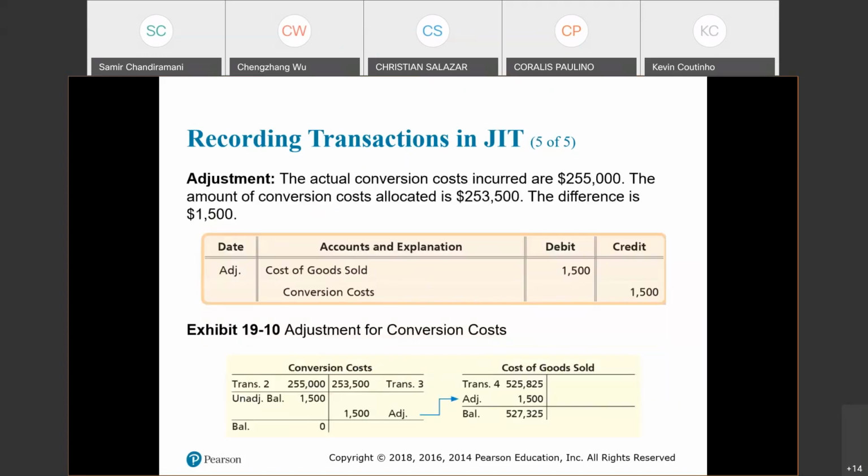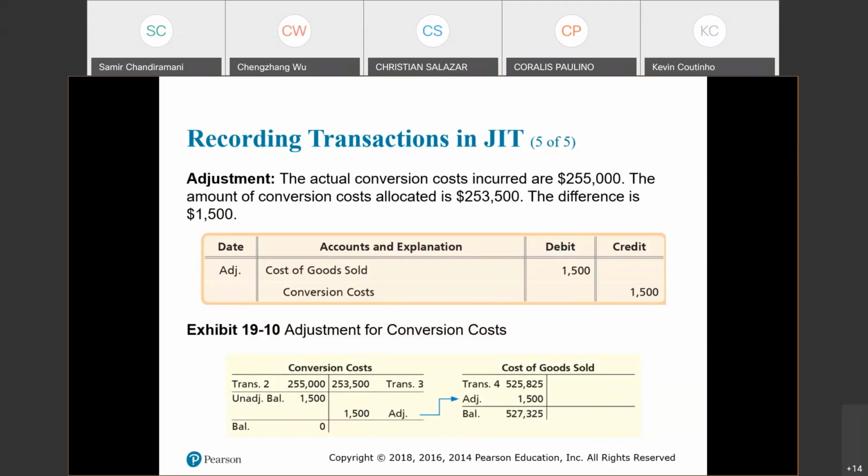So finally, let's see how adjustment is done in JIT costing. The conversion costs are underallocated by $1,500.